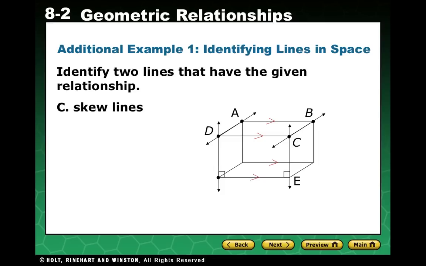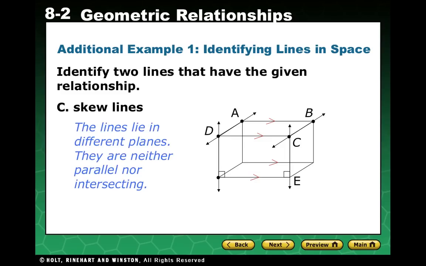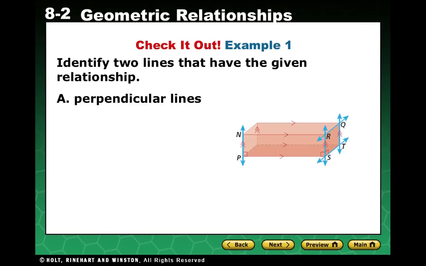Right, so we are looking for 2 skew lines. Remember, those are 2 lines in different planes that are not parallel. So two skew lines for this drawing are line AD and line CE. Okay, perpendicular lines. So again, you would be looking for that 90-degree angle.